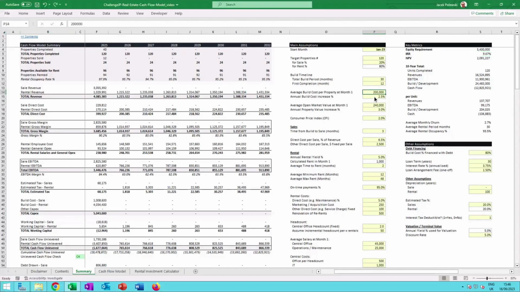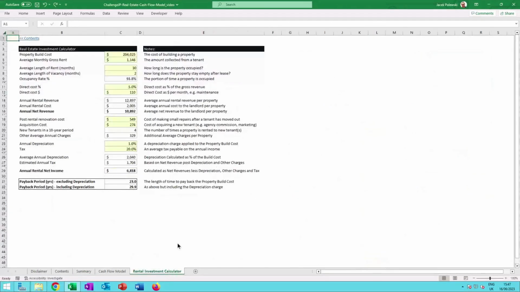Which is again expected because you just have to spend more money for a build while keeping everything else constant. And in addition to that, you will also see that the model has an investment calculator, which allows you to calculate, for example, your payback periods. So how long it's going to take you to pay back your investment in number of years based on assumptions in the model.